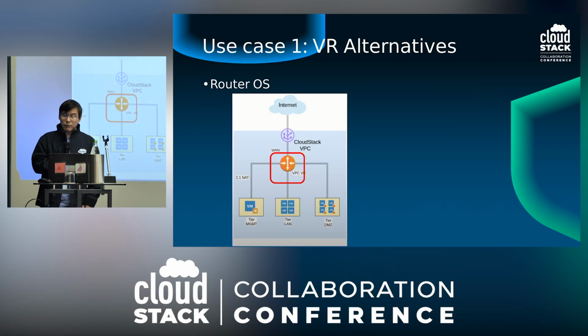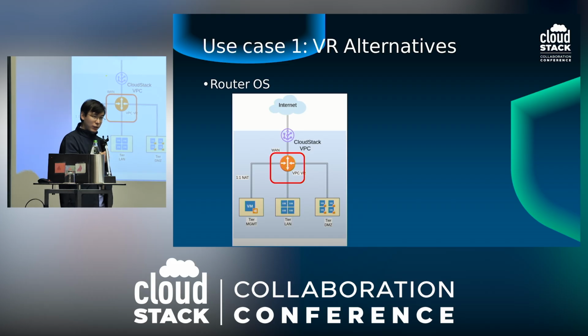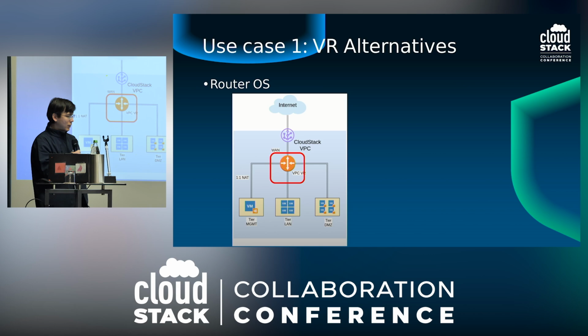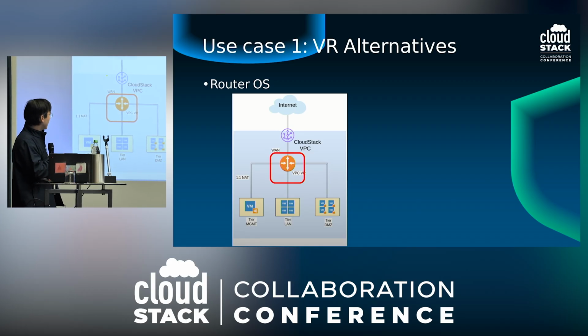Some use cases about VNF. The first one is that it can be used as an alternative to the VR. I think there are already some users doing it. This diagram shows how a multi-tier application is built with the CloudStack VPC.